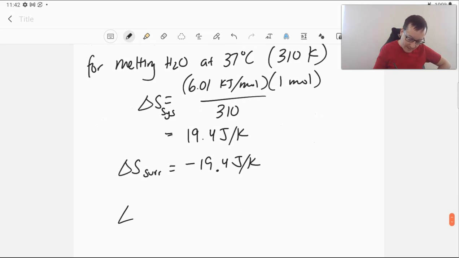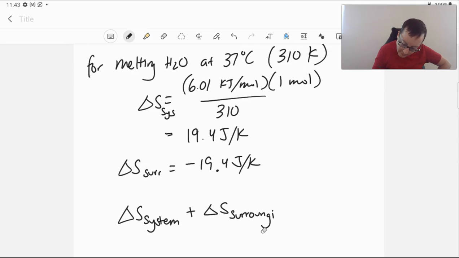We're going to see that delta S system plus the delta S for the surroundings is going to be, no, one sec. So if we look at the change in the system and the surroundings, we have to also consider some reality here. So for the melting ice cube at 37 degrees Celsius, we can't go backwards there, right? We can't freeze the water at 37 degrees Celsius. It's not going to happen, right?